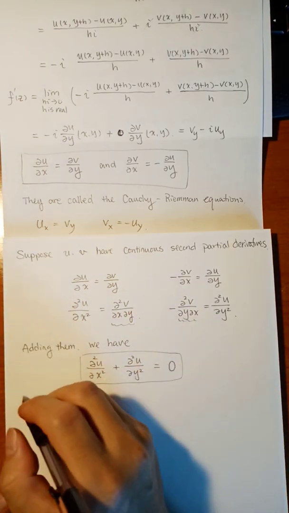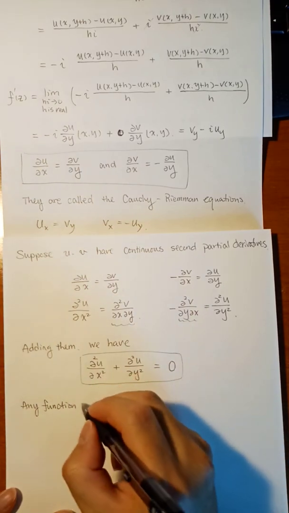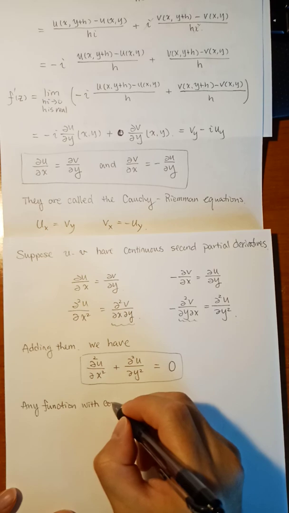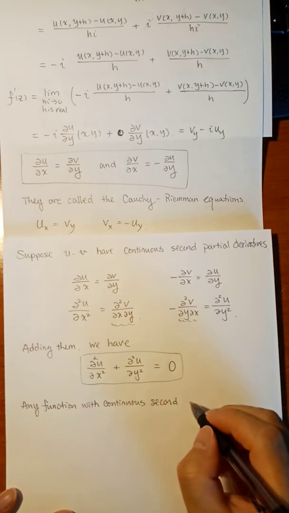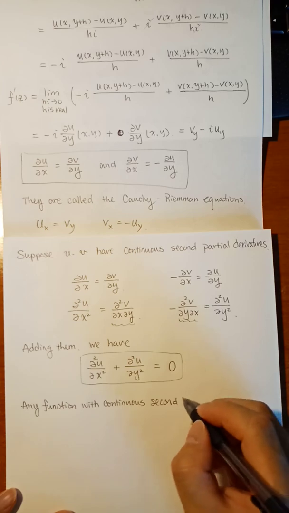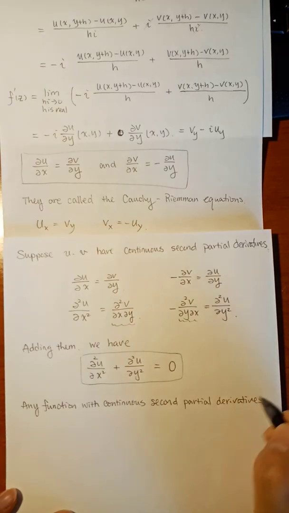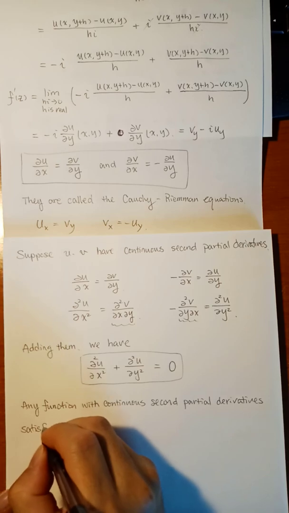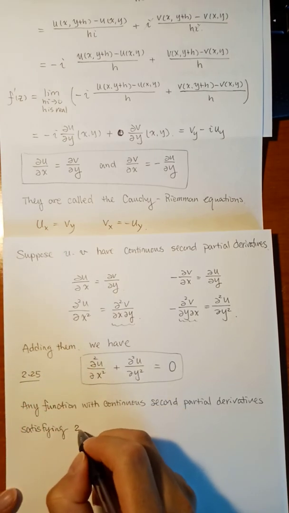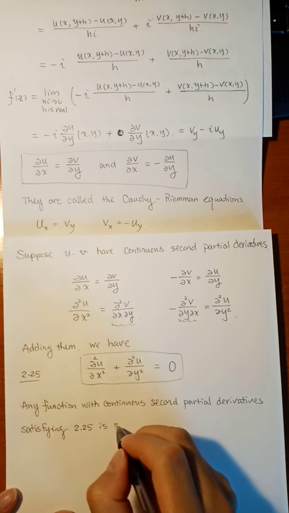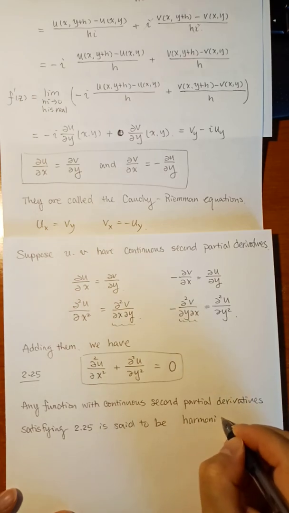So we have a definition. Any function, not necessarily coming from a differentiable function, with continuous second partial derivatives satisfying equation 2.25, as labeled in the book, is said to be harmonic.